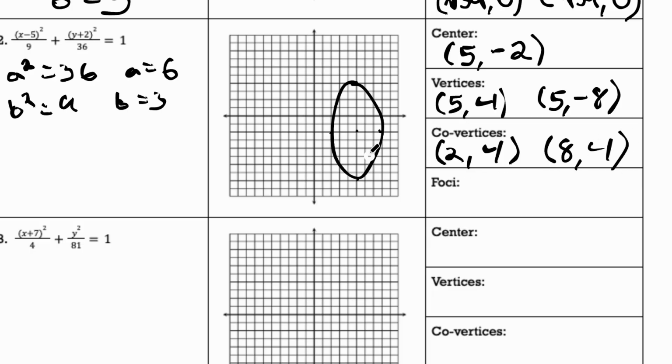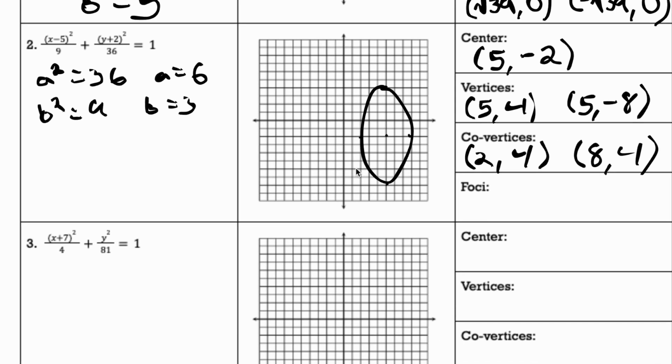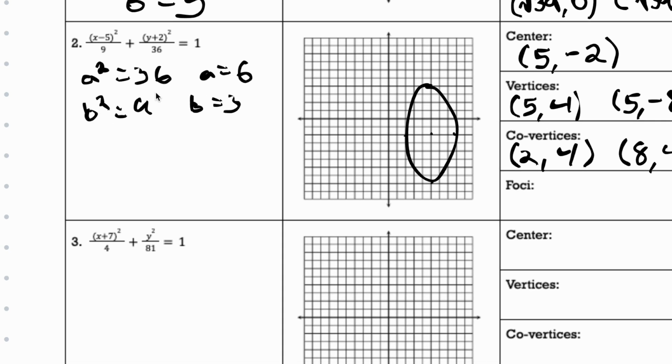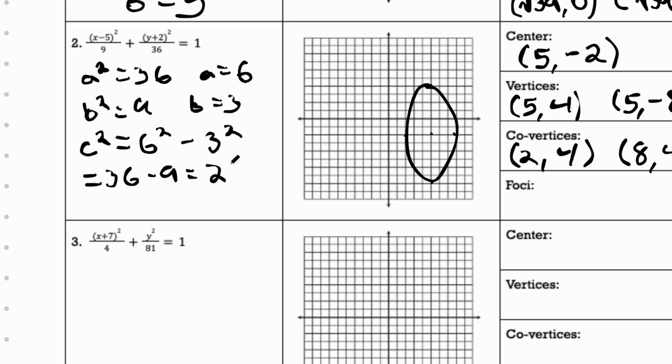And our foci are going to be along our major axis. We do that by doing c squared equals a squared minus b squared. So c squared equals 6 squared minus 3 squared, which is just going to equal 36 minus 9, which is going to equal 27.